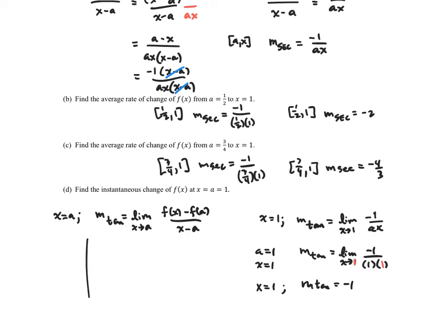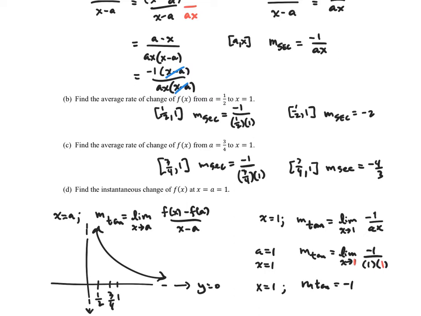Let's see each of these take place. So here's the function 1 over x, approximately, with vertical asymptote at x equals 0, horizontal asymptote at y equals 0. Okay, and here is 1/2, here is 3/4, and here is 1.